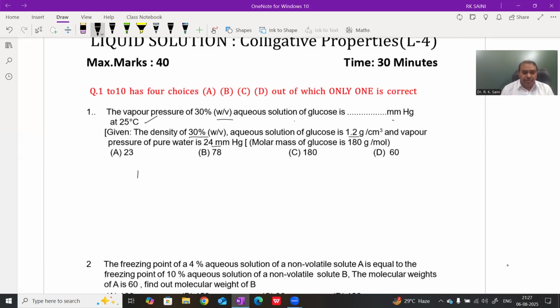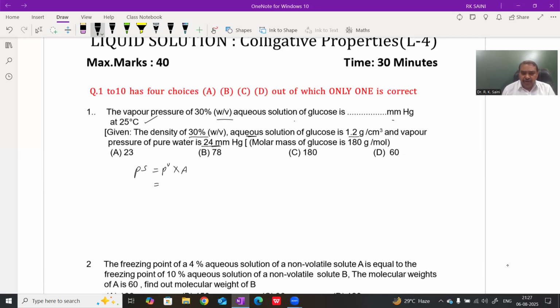To find it, we know that according to Raoult's law, the vapor pressure of a solution is directly proportional to the mole fraction of the volatile component. The volatile component is water, because glucose is a non-volatile, non-electrolyte solute. Therefore, PS, the vapor pressure of solution, is directly proportional to the mole fraction of solvent, or PS equals P node into XA, where P node is the vapor pressure of solvent.